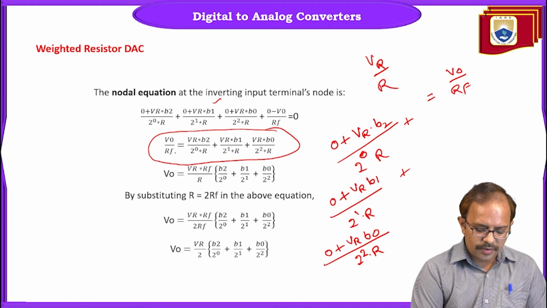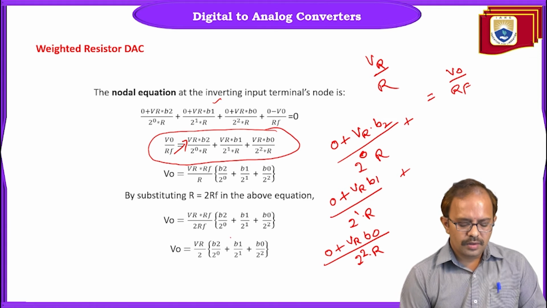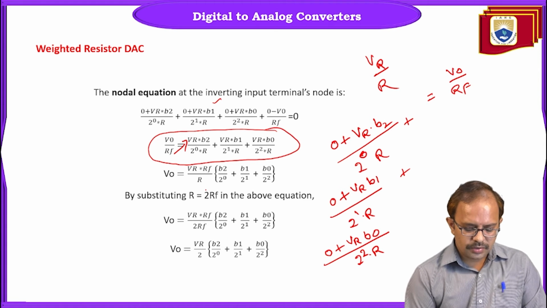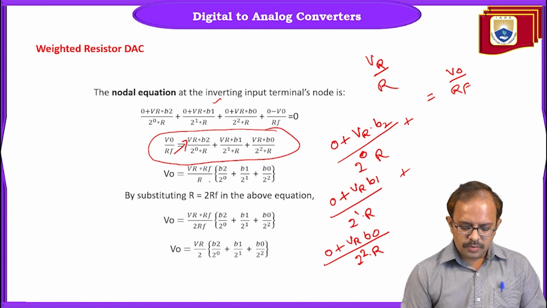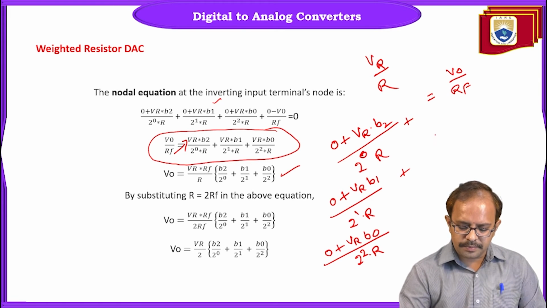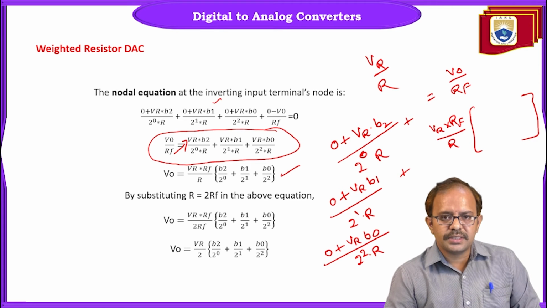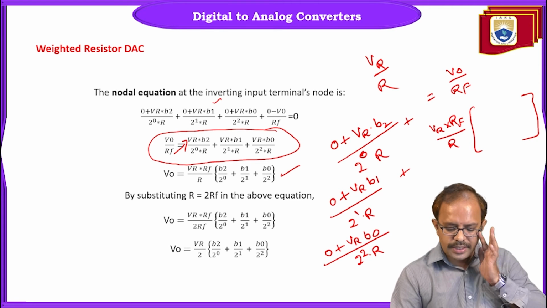Also, if we perform cross multiplication, let us bring the denominator RF to the opposite side. So it is going to become VR into RF divided by R, and here we have the three terms.